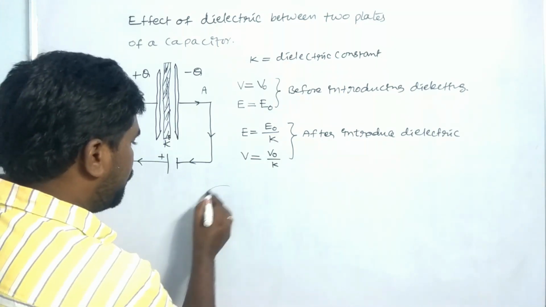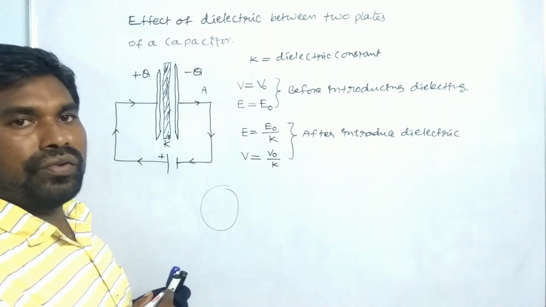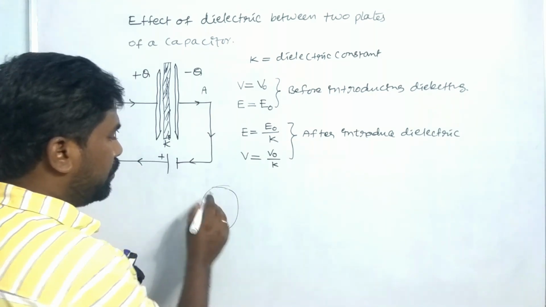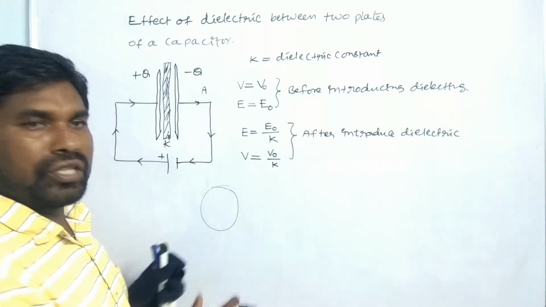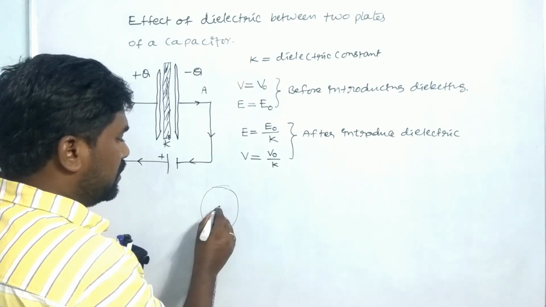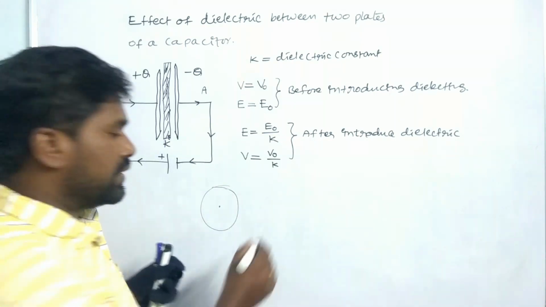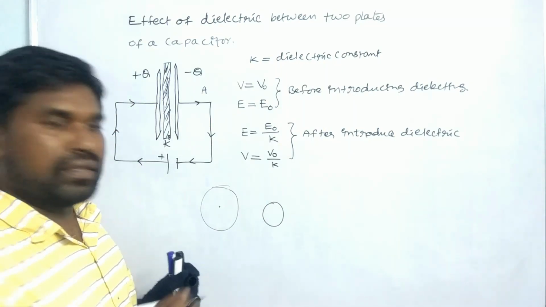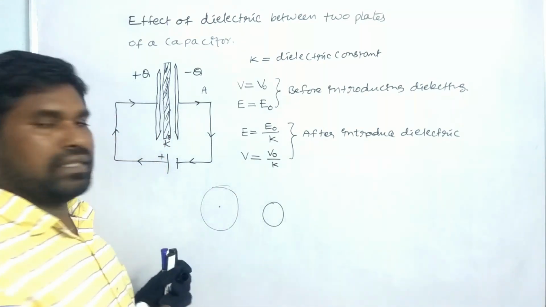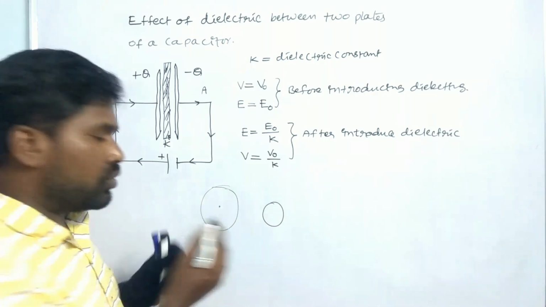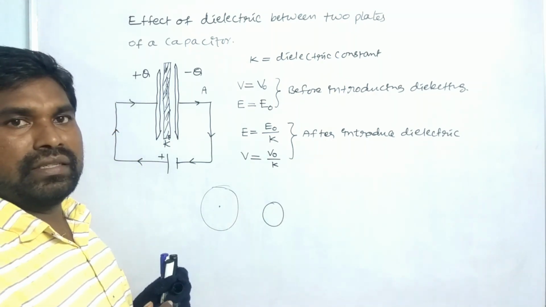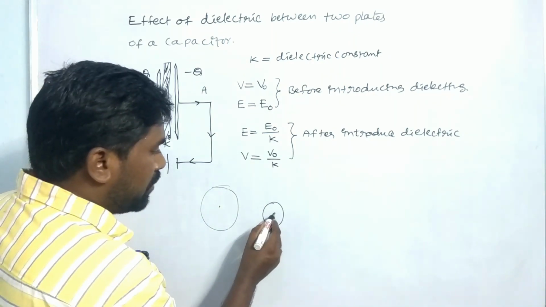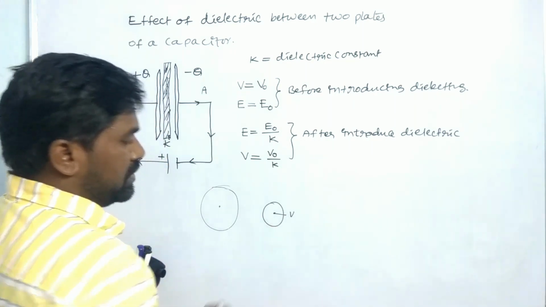For example, this is a field before introducing the dielectric. After introducing the dielectric, the field decreases because a dielectric occupies some place. The remaining place is very less. Hence, here the potential also decreases.